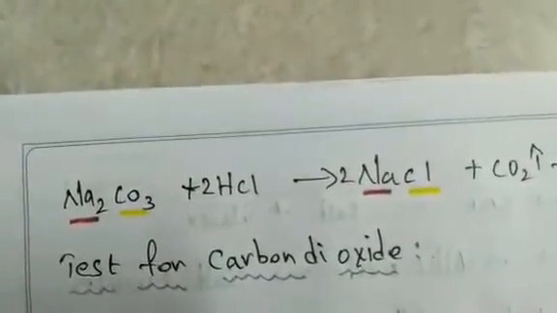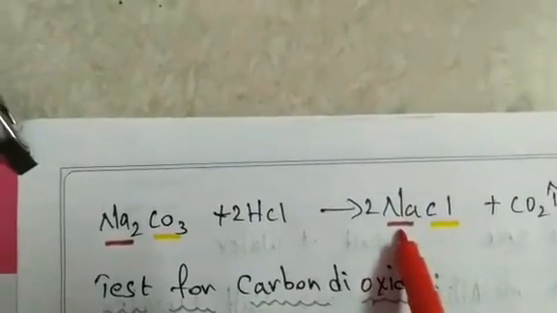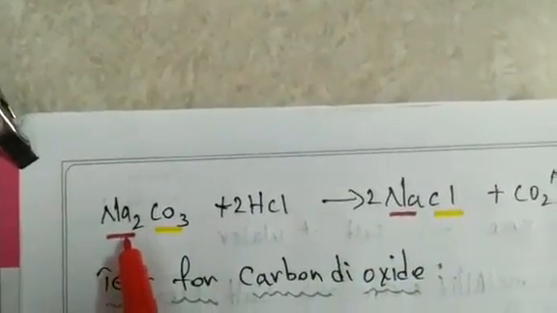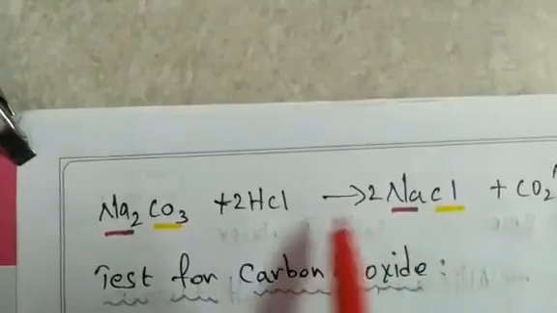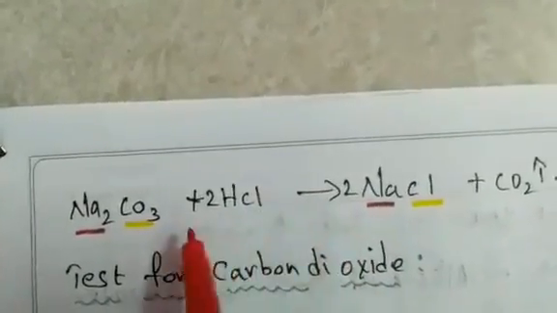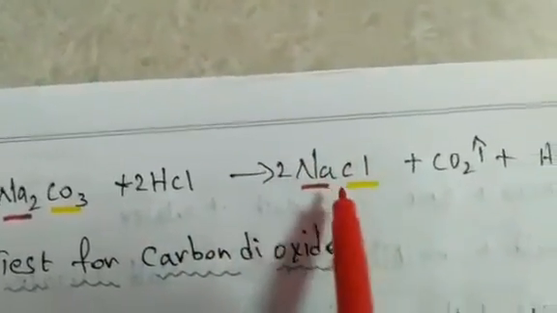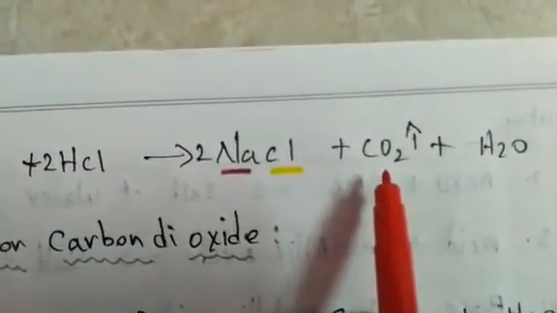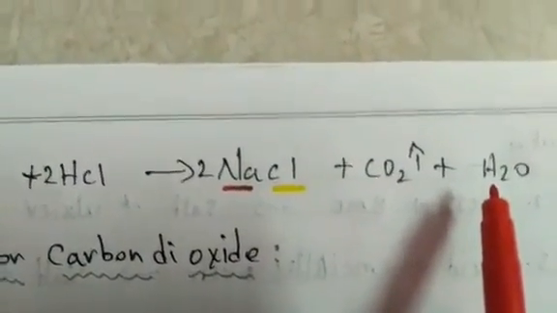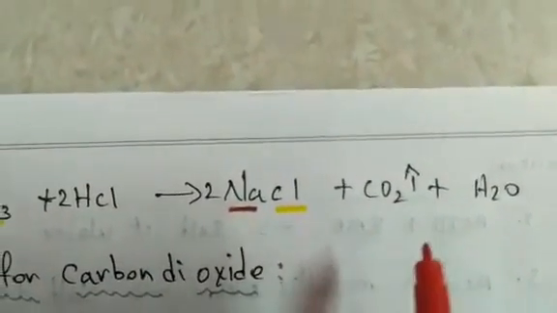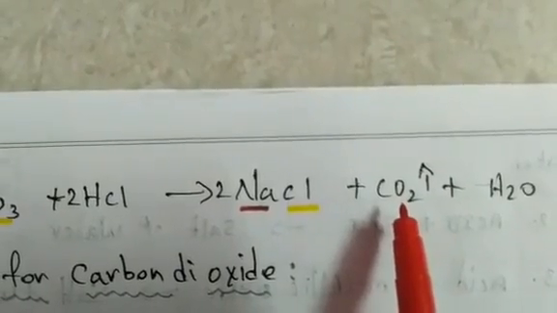Again I repeat, Na is from the cation part of the base and Cl is from the anion part of the acid. Both combine to form a salt known as metal salt. Along with it, carbon dioxide gas is evolved and water is formed. How do we test that the gas evolved is carbon dioxide?